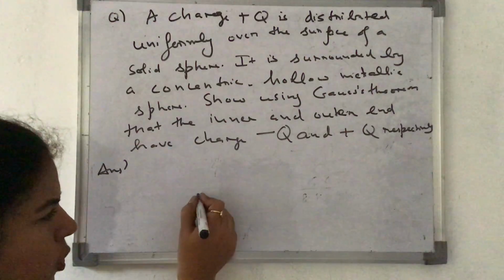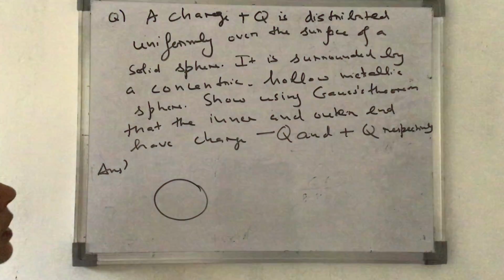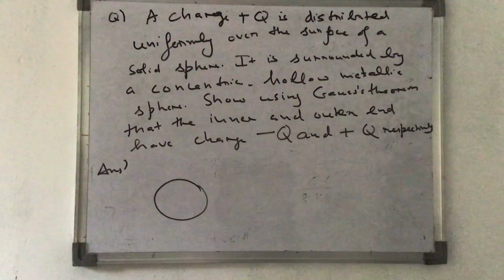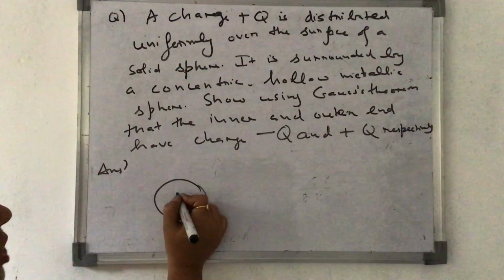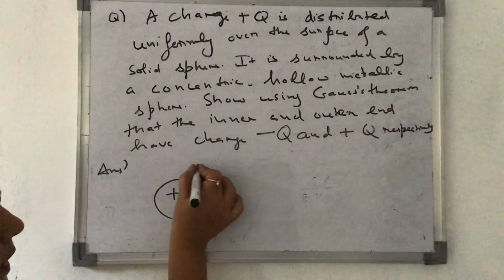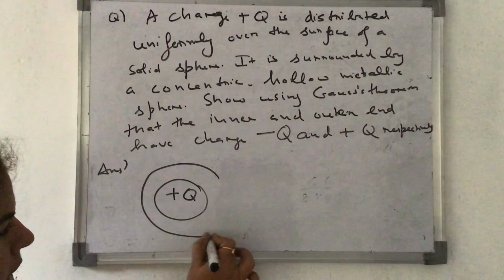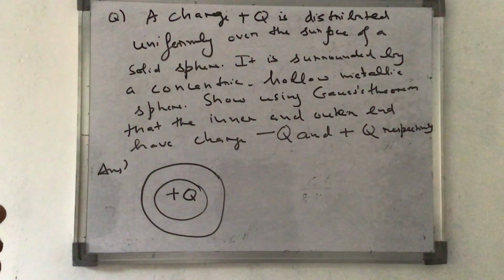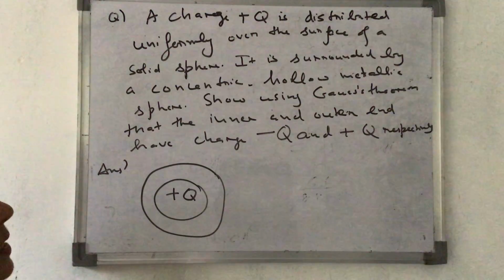What is the question? You have a sphere, and in this solid sphere, this charge plus Q is uniformly distributed. Then it is surrounded by another shell. This shell has got two sides, outer side and inner side.